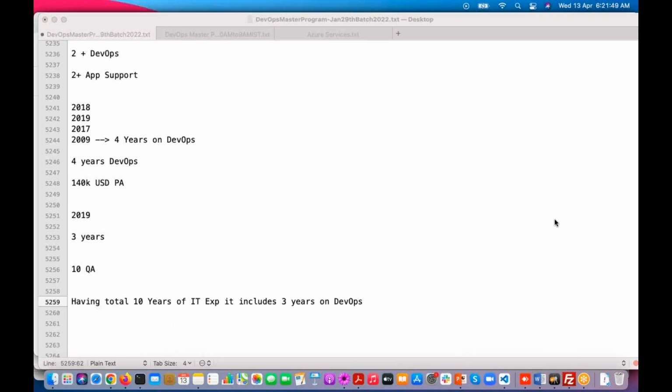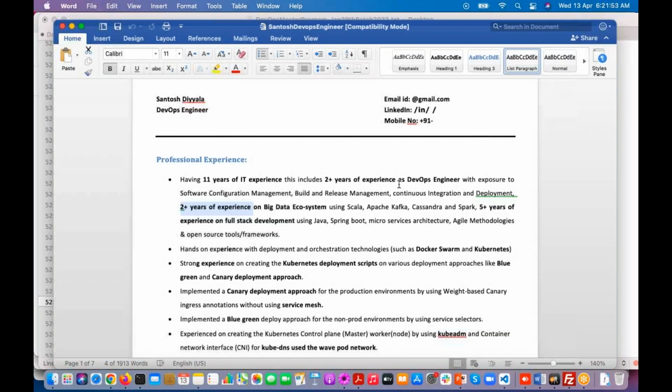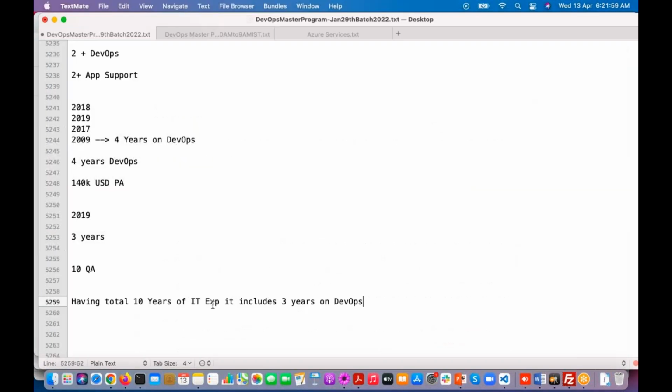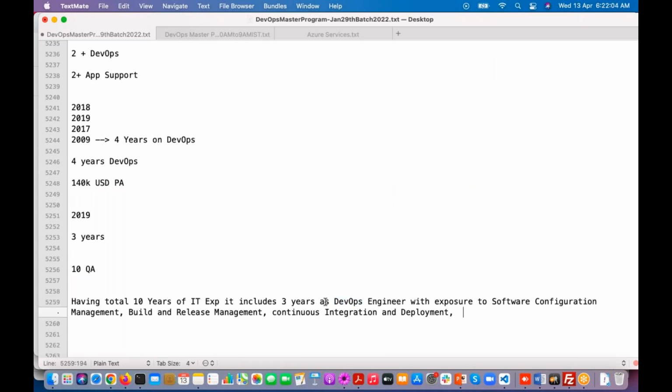So 3 years of experience in DevOps: 3 years of experience as a DevOps engineer with exposure to tools. Like this you can mention it and specify it.